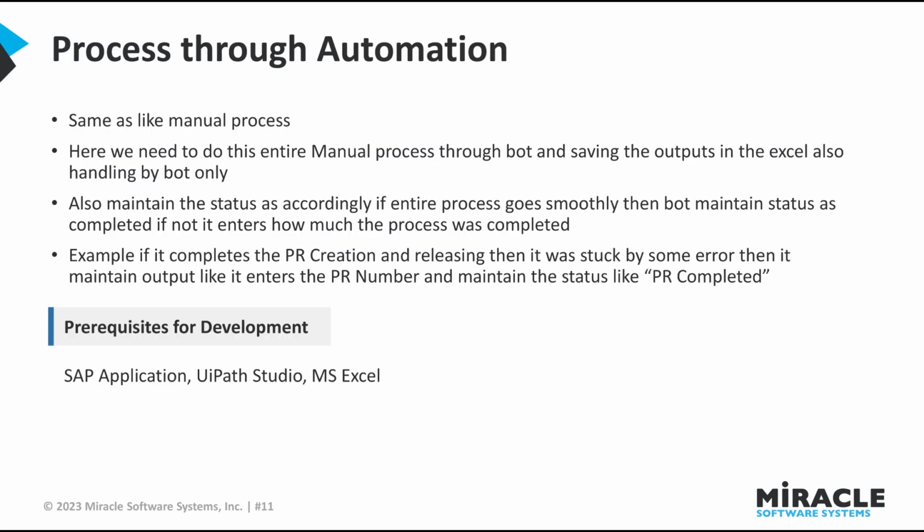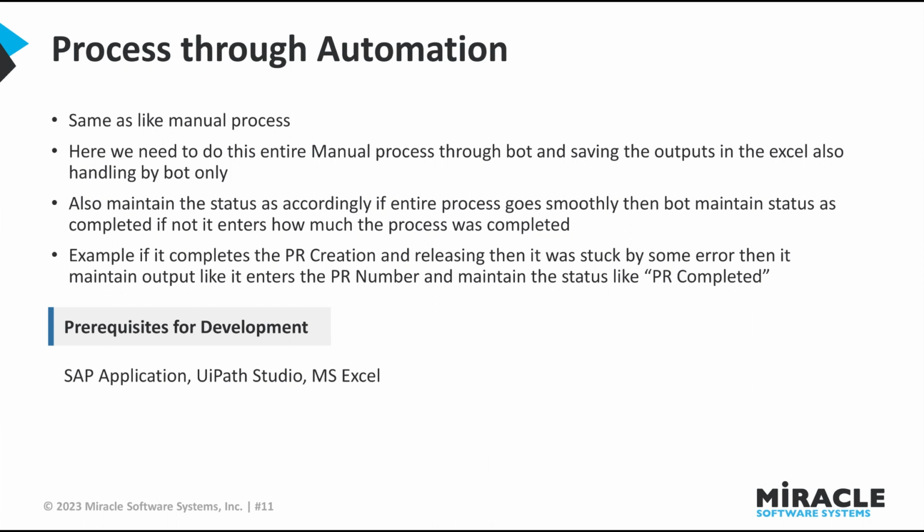Coming to process automation. The bot will do the process the same as we did manually. Here we need to do this entire manual process through the bot, with saving the outputs in the Excel also handled by the bot only, and also maintaining the status accordingly. If the entire process goes smoothly, then the bot maintains the status as completed.